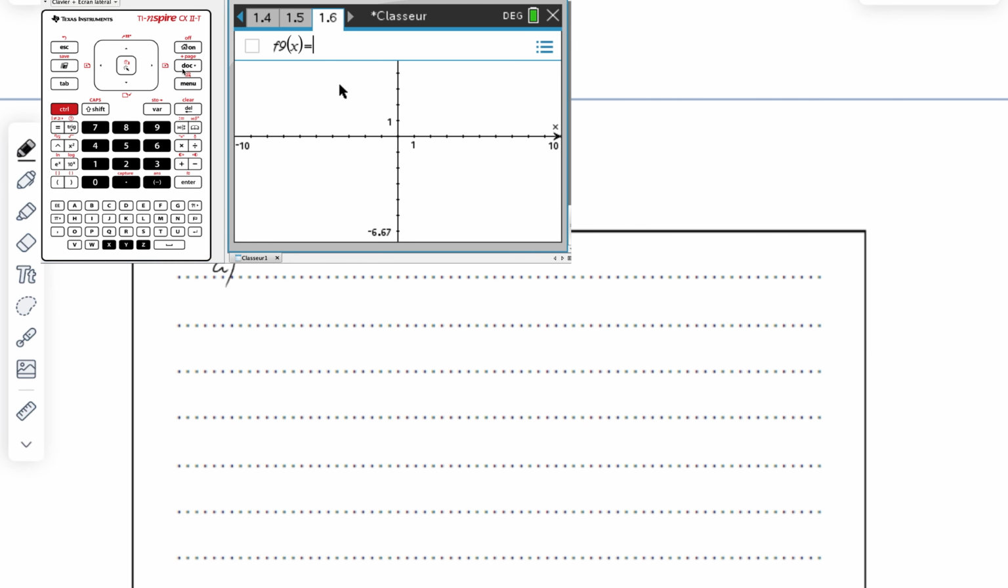Add a page, graphs. Put in the graph 13 plus 8 cosine of, in brackets, fraction pi over 18 times t, which we have to put an x in because we've got x on this.